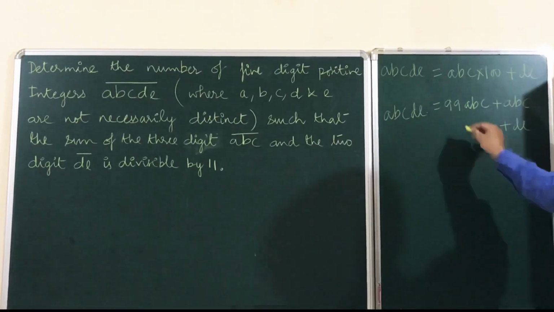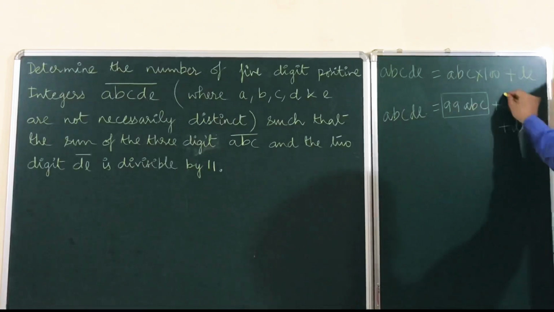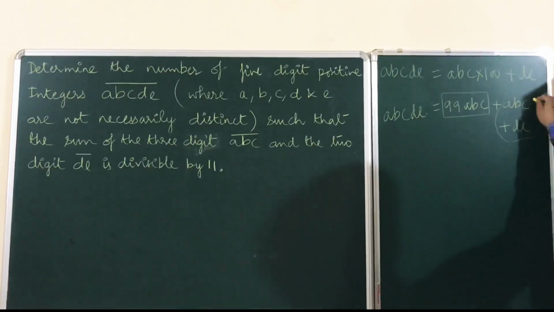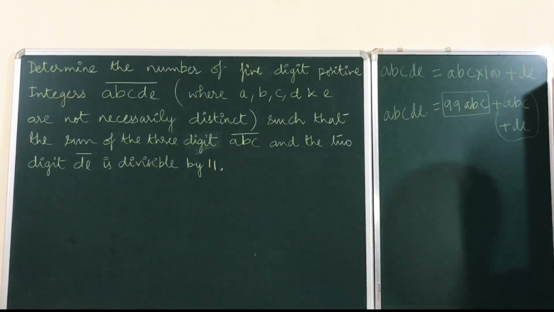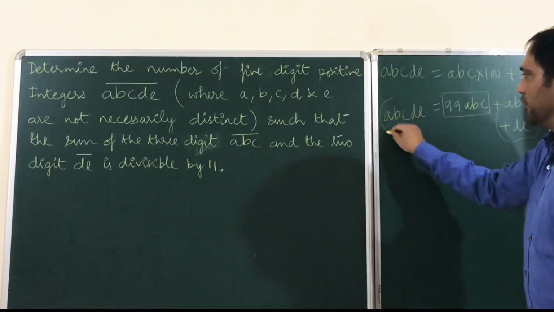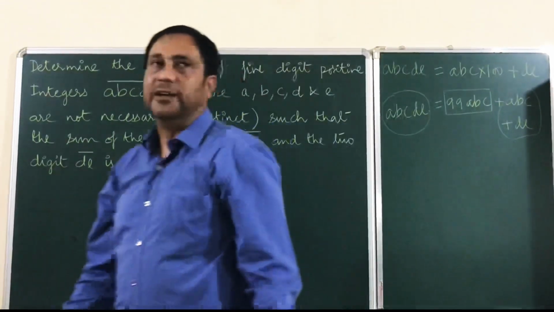Now, this sum is divisible by 11. So to confirm the divisibility of the addition of these two by 11, we have to confirm the divisibility of this 5-digit number ABCDE.